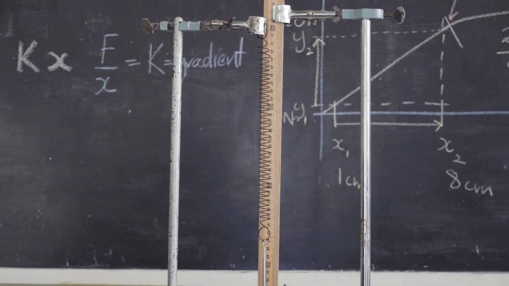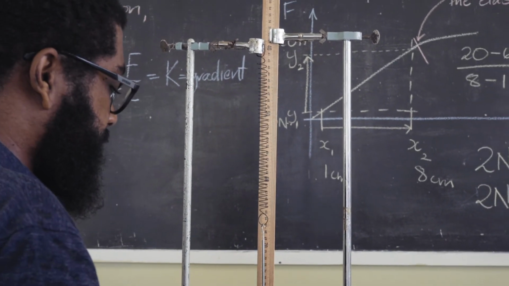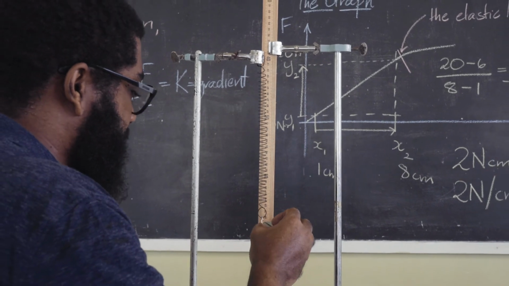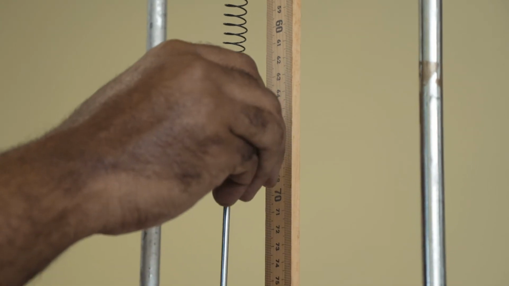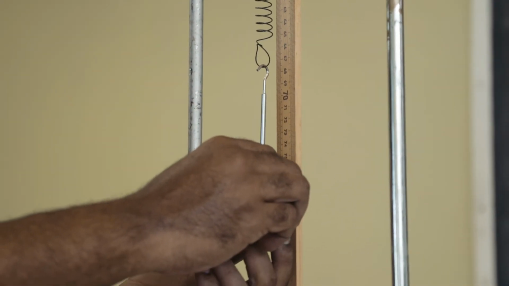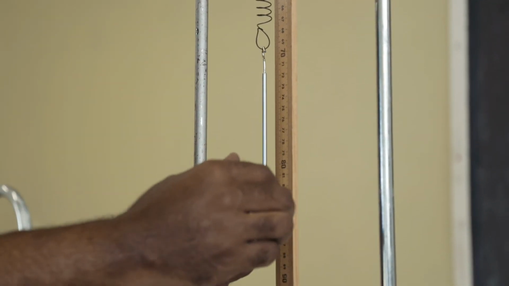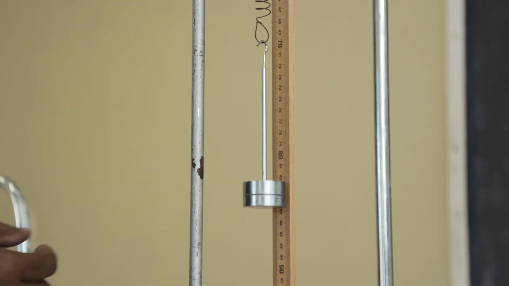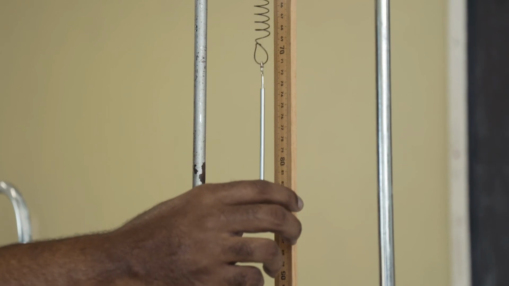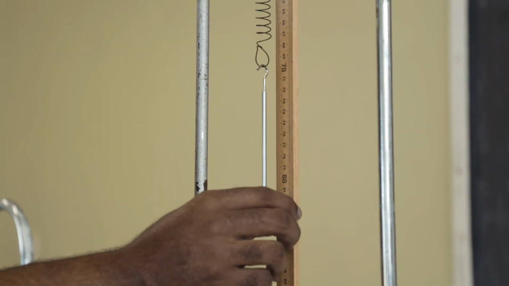We have to now add a second mass. And again, we try to act in such a way as to minimize the spring's vertical motion. You don't drop the mass onto the mass holder, you lower it gently and you release it. You will get some motion, it's a spring, it's unavoidable, but you don't want a large up and down movement.